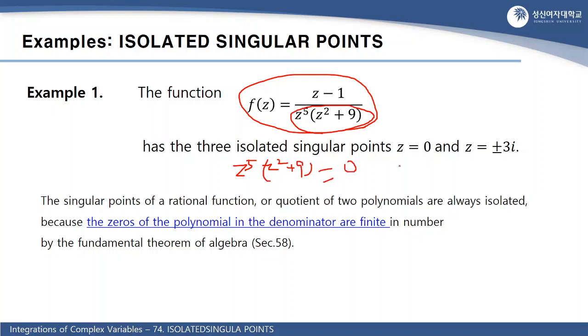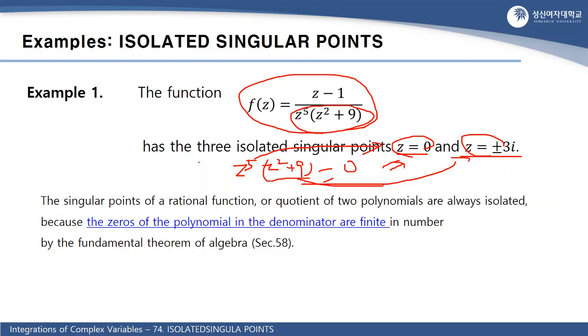Here z is equal to 0 and z is equal to plus minus 3i. Okay, this comes from this, and this plus minus 3i comes from this. So this function has 3 isolated singular points.